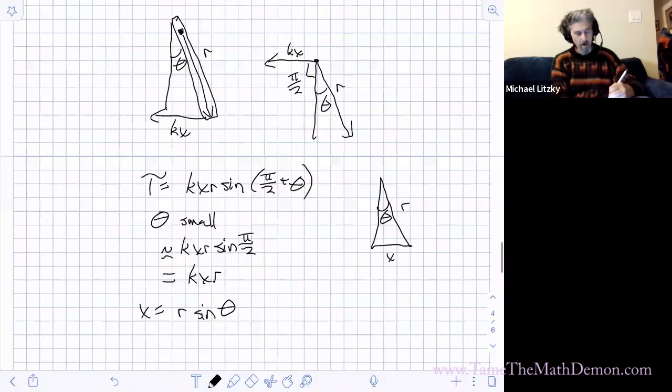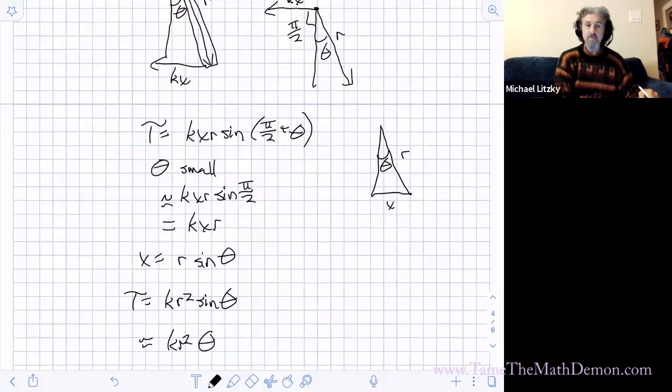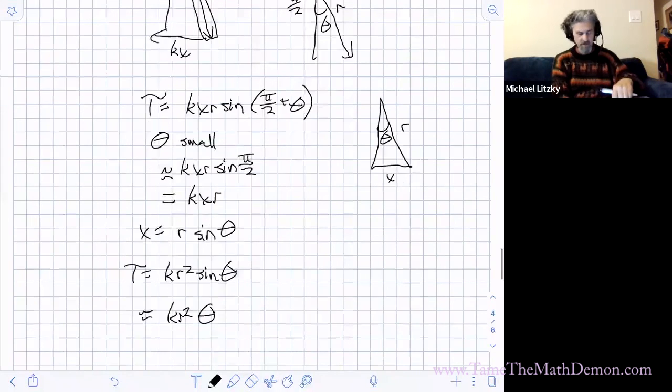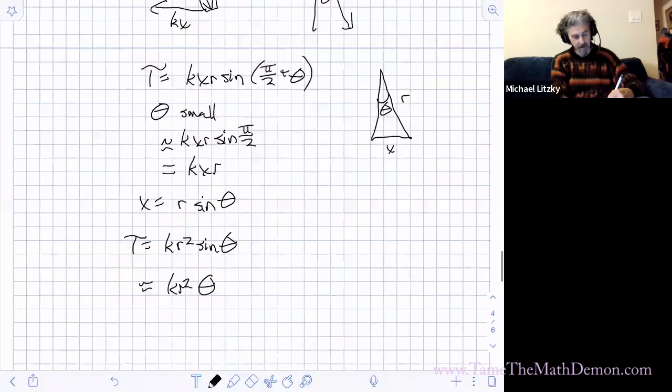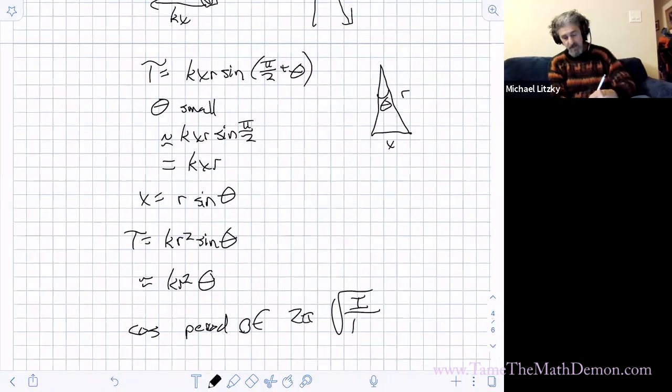And so our formula actually becomes that the torque is kr squared sine theta. And that we can replace with kr squared theta when theta gets small. And then if we went through all that business of plugging it into the differential equation and solving, we would have a solution, which was a cosine with a period of 2 pi root I, this time over kr squared.